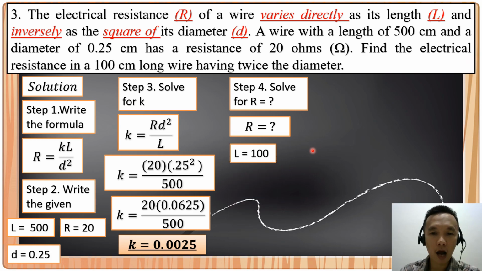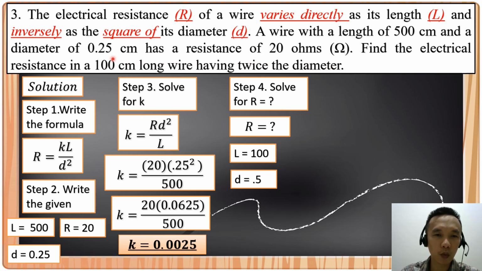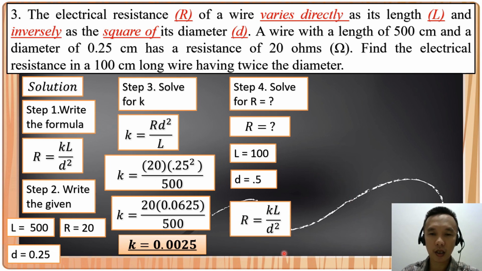So next, let us find our R in our statement. Given that our L will be 100 and our diameter will be twice. Since this is 0.25, if you are going to multiply it by 2, it will be 0.5. After which, use the original formula and substitute our letters with its number.